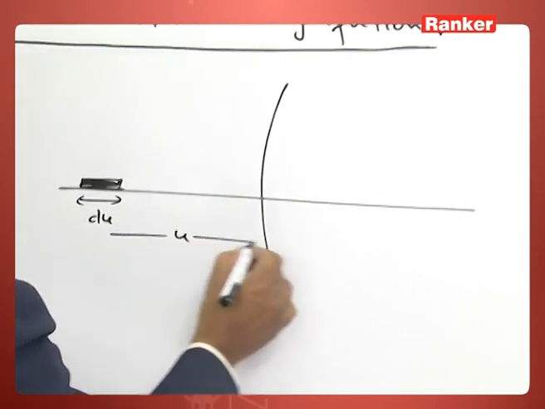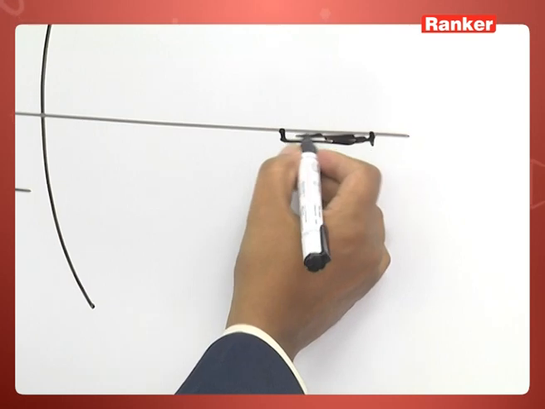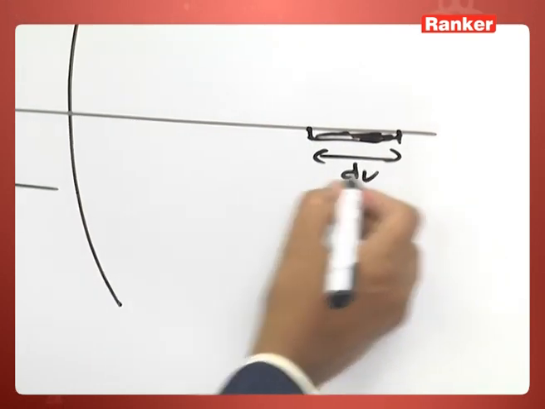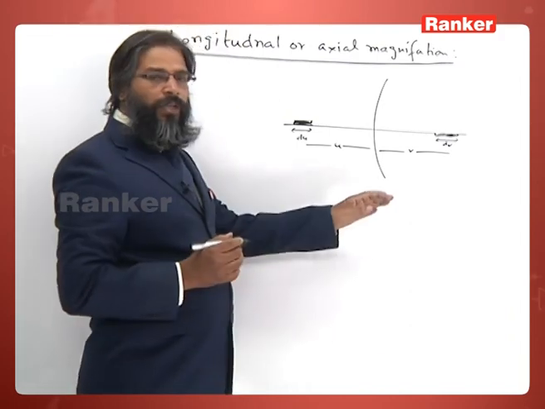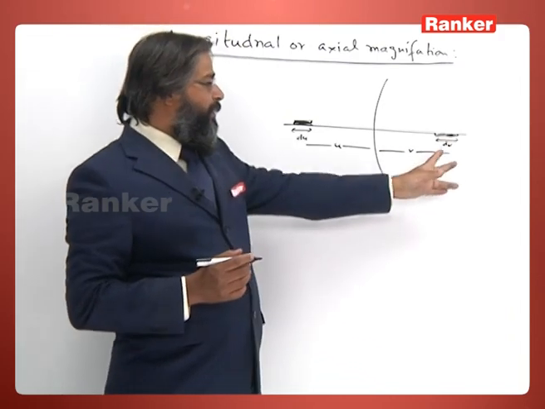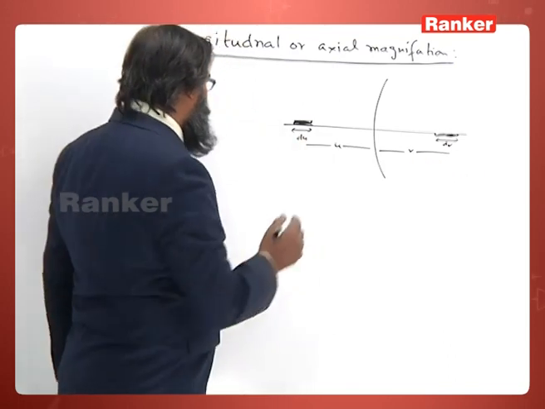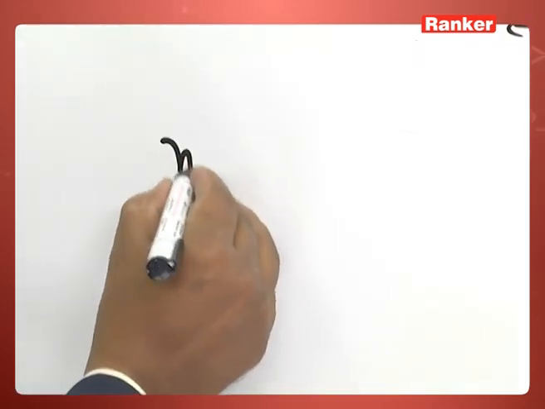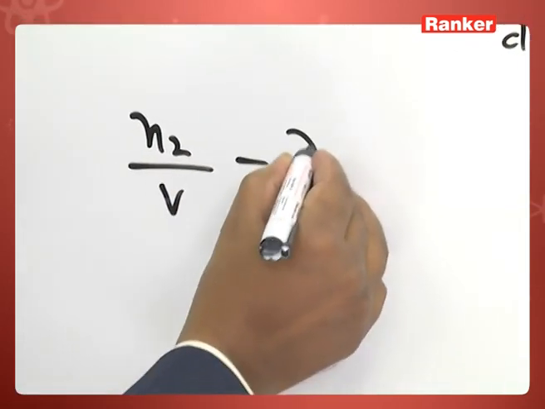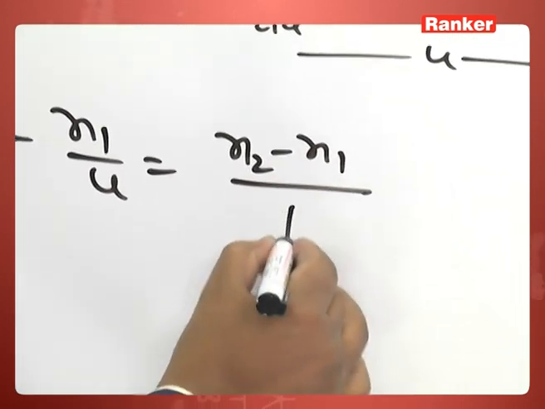This is at a distance u, and suppose you got an image here that has a length dv at a distance v. So this longitudinal magnification is defined by image length dv by du. In order to find this, we will use the Gaussian formula: n2 by v minus n1 by u is n2 minus n1 by r.